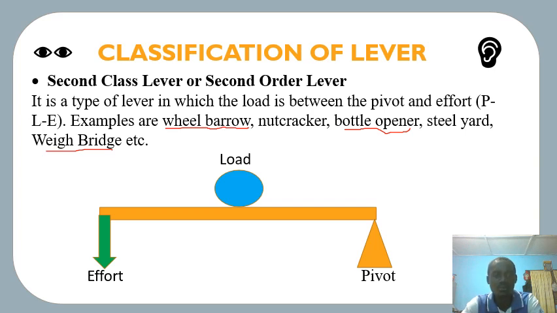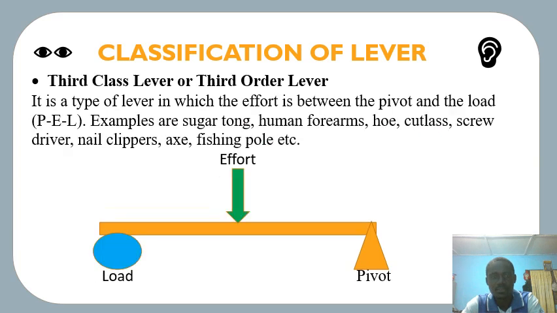The car will move to be at the center of it for them to take their reading. So the car is acting as a load because it's at the center, between the supporting end, the effort, and the pivot.